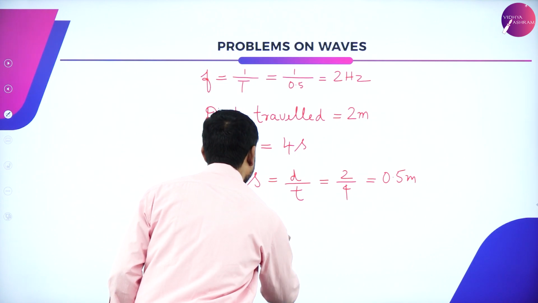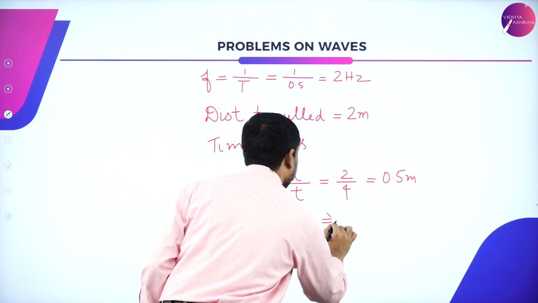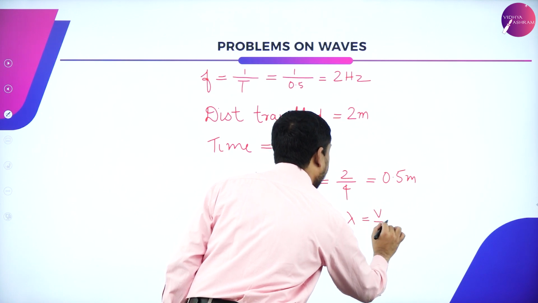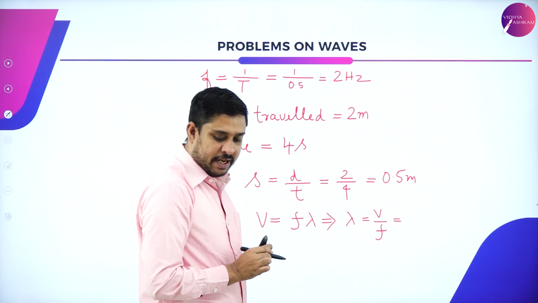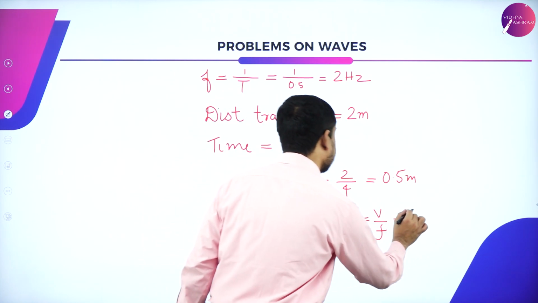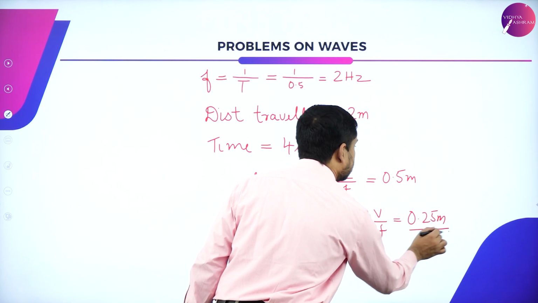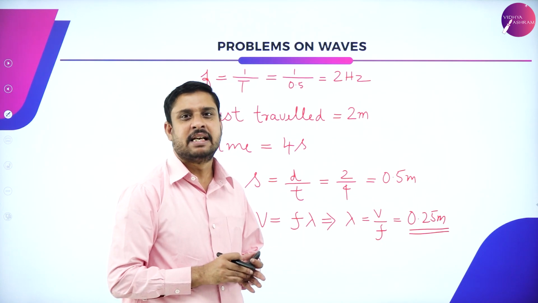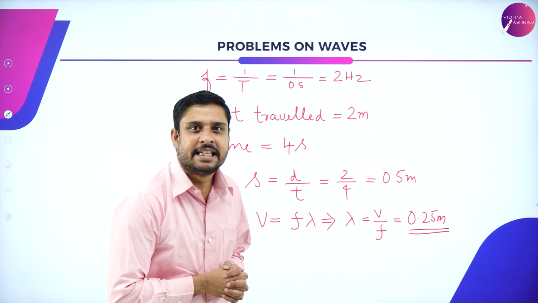So we know V is f lambda, which means lambda is V by f. So 0.5 by 2, so this is 0.25 meters. Again, simple comparison in this chapter. Very easily we get the results.